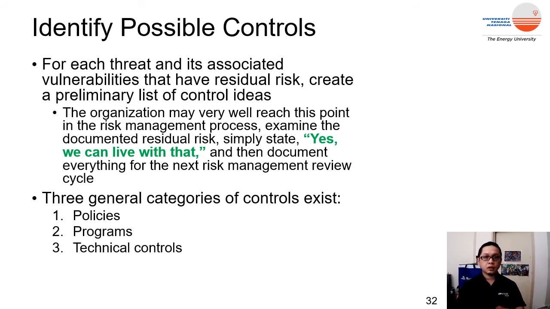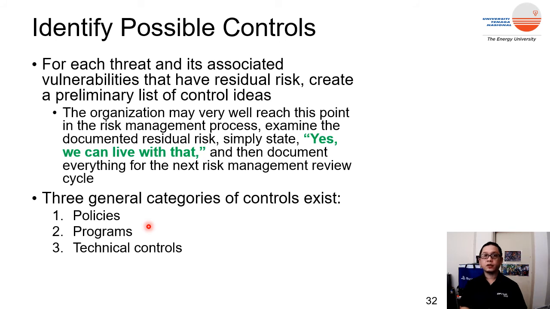I have covered this before. Basically, you can have a proper policy to protect the asset, or a proper program to protect the asset, and lastly, actual technical control to protect the asset against the threat that you have identified.